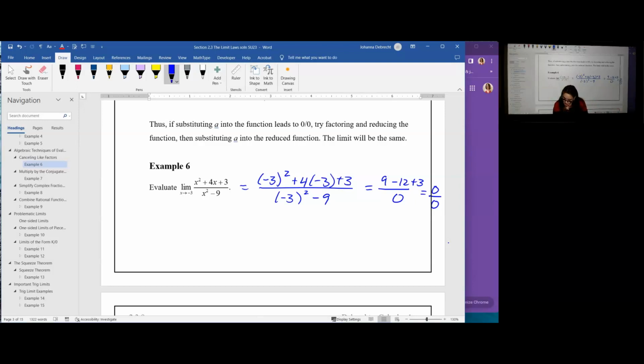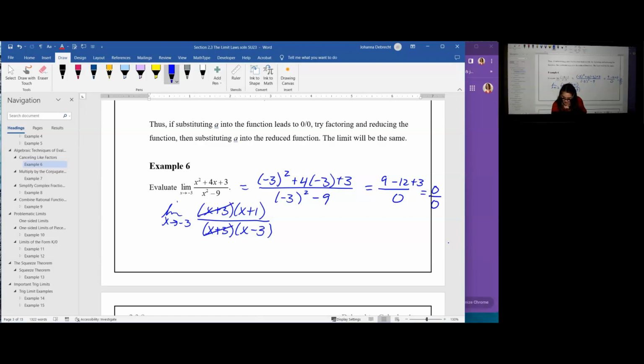Let's take a look now by factoring the function inside the limit into x plus 3 times x plus 1, which gives us 4x in the middle, and x plus 3 times x minus 3. I can see that I have exactly the same factor in the numerator and denominator, and they cancel completely. Because they cancel completely, this becomes a hole in the graph.